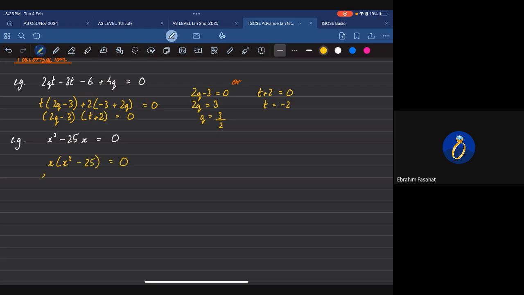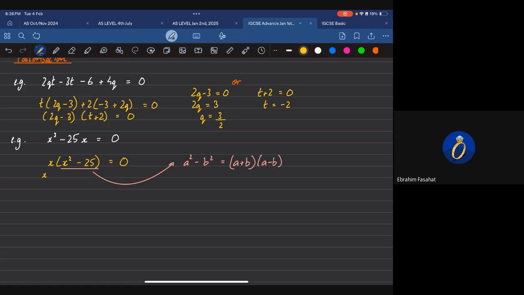And inside, this reminds me of a squared minus b squared is equal to a plus b, a minus b. All right, the factorization tools that we studied.